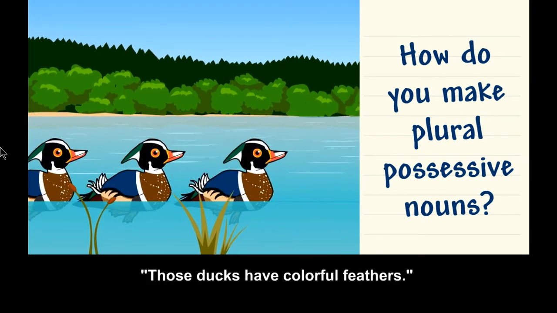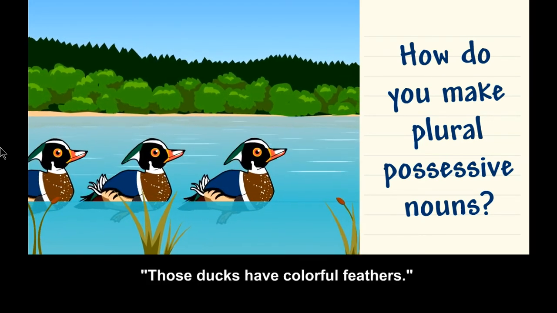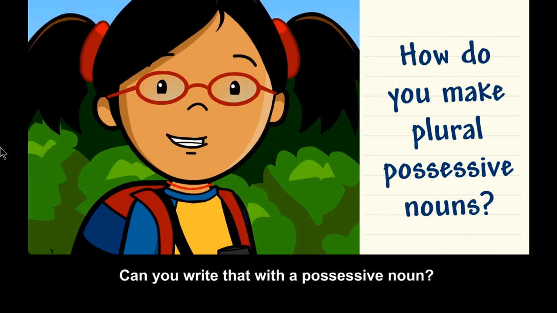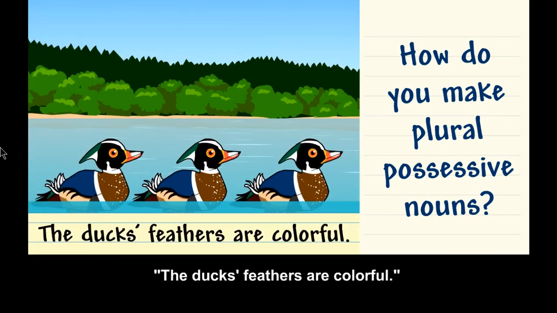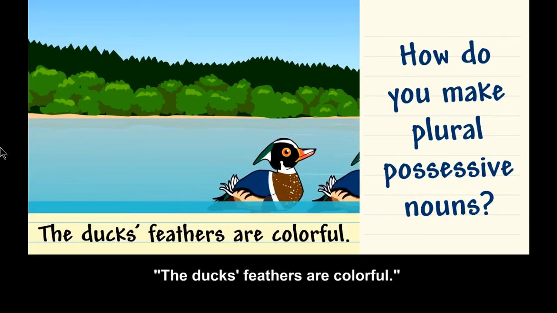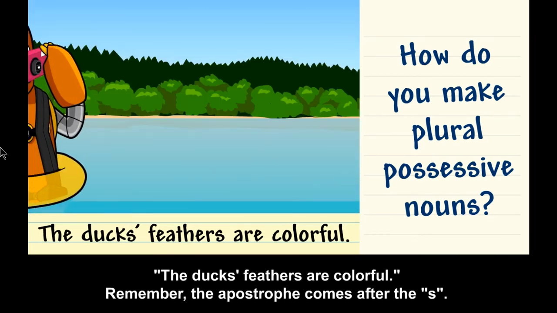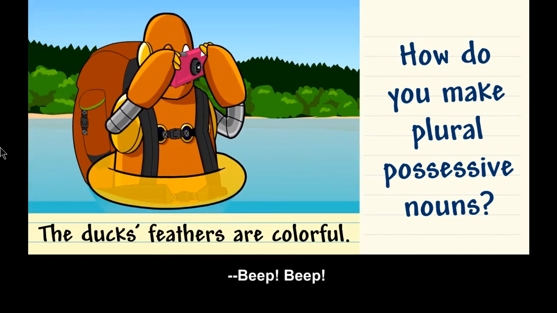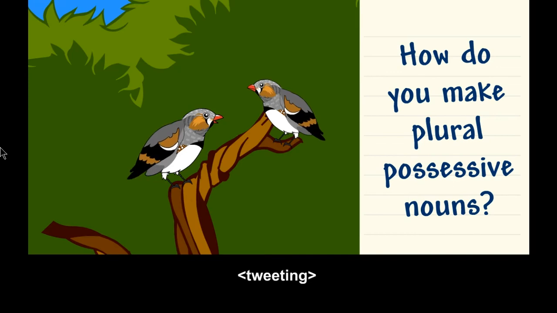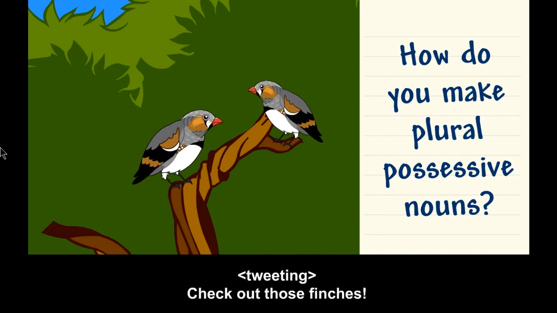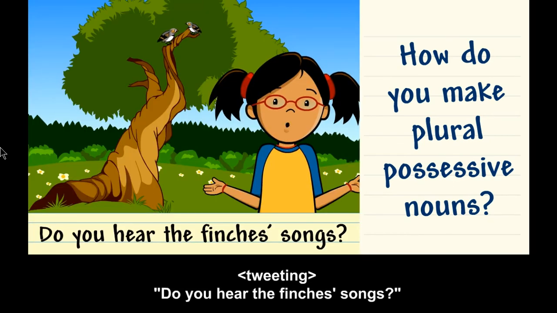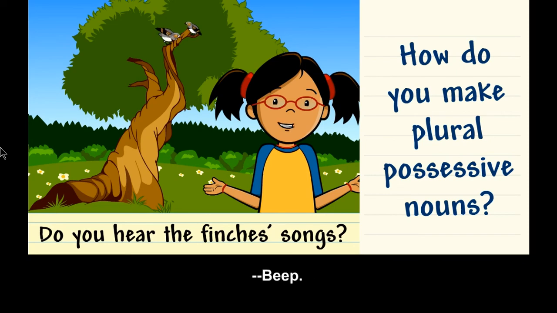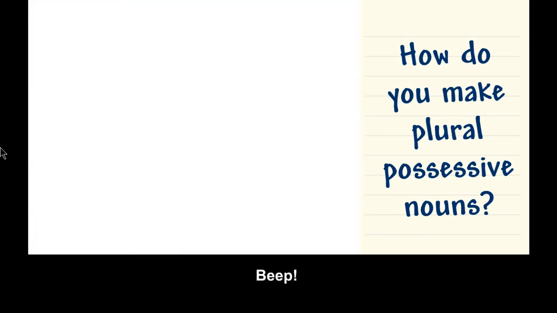Those ducks have colorful feathers. Can you write that with a possessive noun? The duck's feathers are colorful. Remember, the apostrophe comes after the S. Check out those finches. Do you hear the finches' songs?